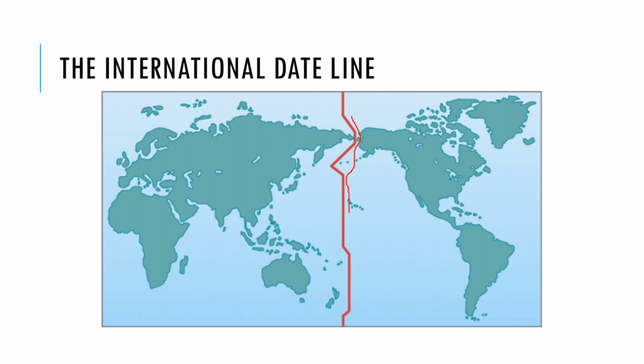By convention, at the date line, the date of the calendar is changed by 1 day. Crossing the date line from west to east, thus advancing your time, you compensate by decreasing the date. Crossing from east to west, you increase the date by 1 day.